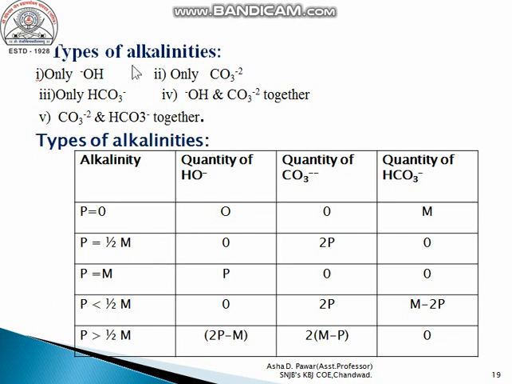There are 5 possible combinations. First situation, only hydroxide may be present in the water sample. Second, only carbonate may be present, that is alkalinity caused by carbonate. Third possibility, only bicarbonate, where P is equal to M. Fourth possibility, alkalinity caused together by hydroxide and carbonate.